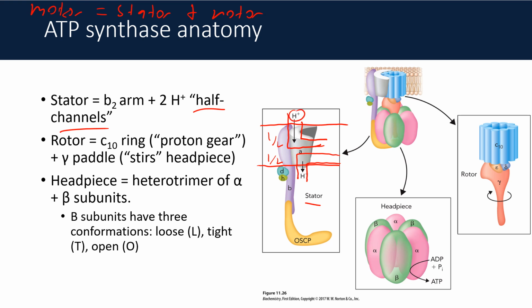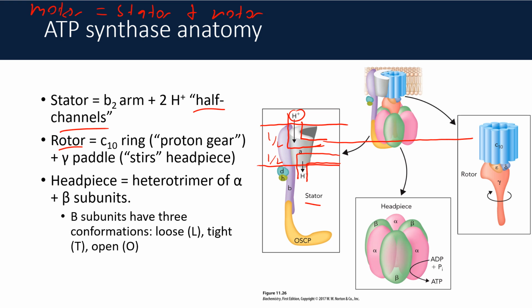So let's follow that proton that's falling through. It's going to enter, and where does it go? Bam, to the rotor. The rotor consists of 10 C10 proteins, these columnar blue entities, and these are essentially the gears that are being rotated by these protons.